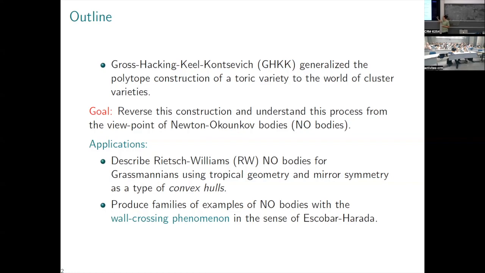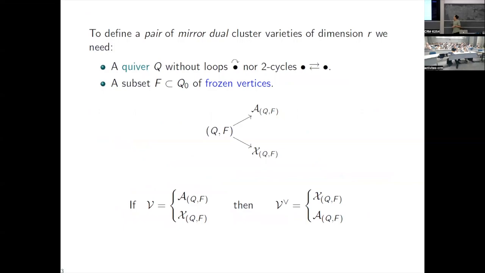I will mainly focus on the goal, and the applications are going to be sitting in the back. First of all, in order to define a pair of cluster varieties, we need some input embodied in a quiver, called a frozen quiver or an ice quiver, which is a quiver with R vertices without loops or two-cycles, and a subset of vertices called the frozen vertices. Out of this data, we can produce a pair of cluster varieties, A_QF and X_QF, and they are mirror dual in the sense of mirror symmetry.